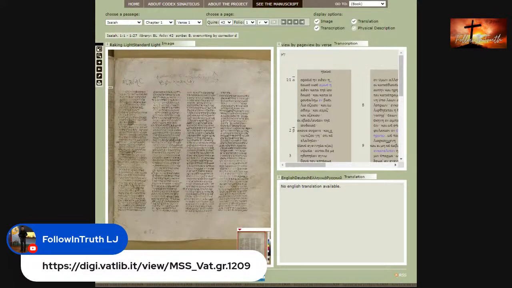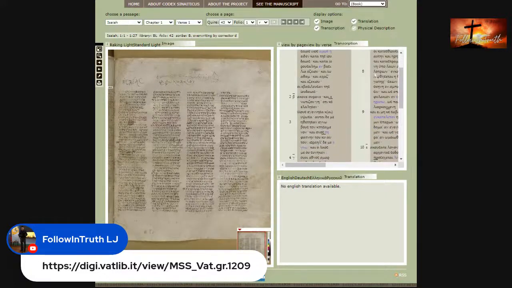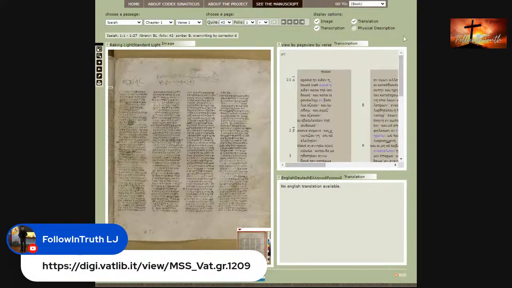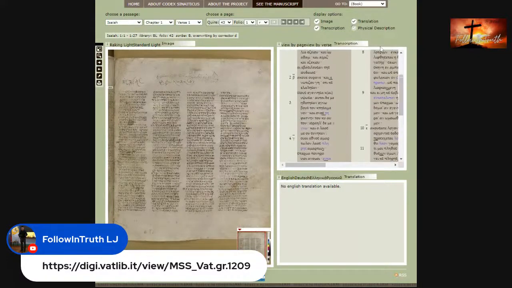So obviously we've got Genesis, Leviticus, Numbers, Deuteronomy, Joshua, Judges, First Chronicles, Second Chronicles. But then you have Tobit, the Maccabees, the Wisdom of Solomon, Joshua, and Sirach. Obviously there are others, but these are all included, which are not considered as scripture by a lot of people.